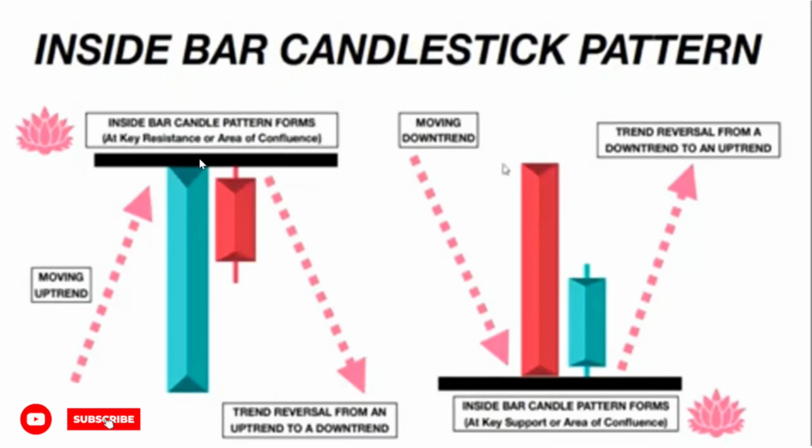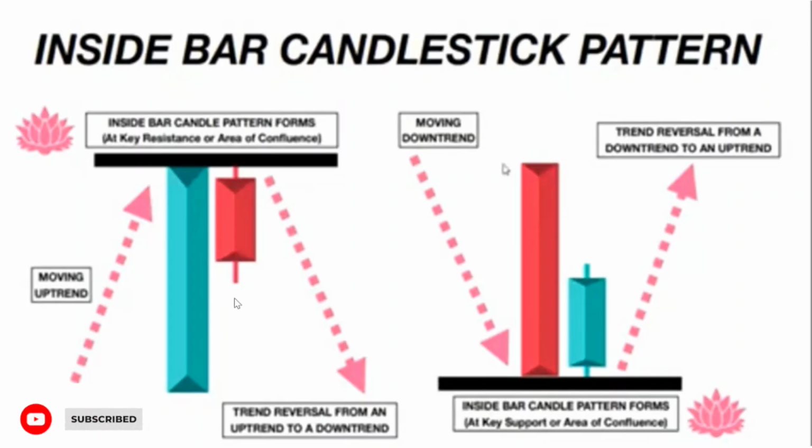And sellers came over here and brought it down. As you can see, it reached the area of confluence, and it came down. So you can see sellers are in control. The trend came down and sellers are in control.